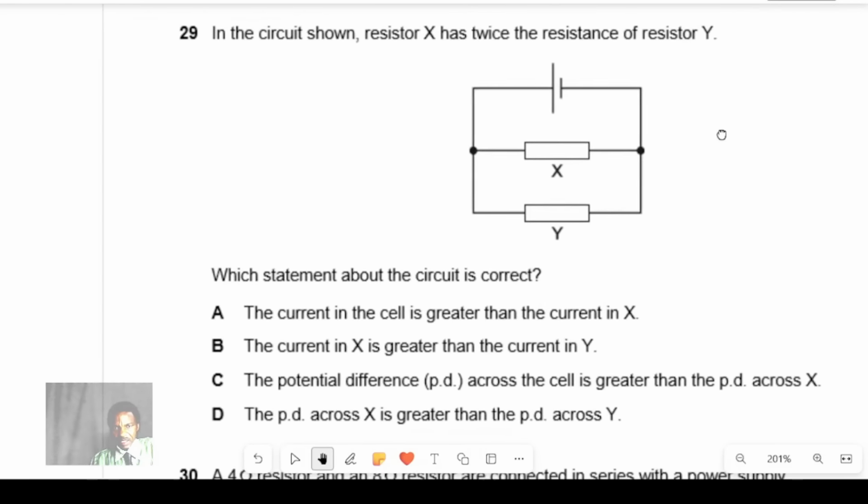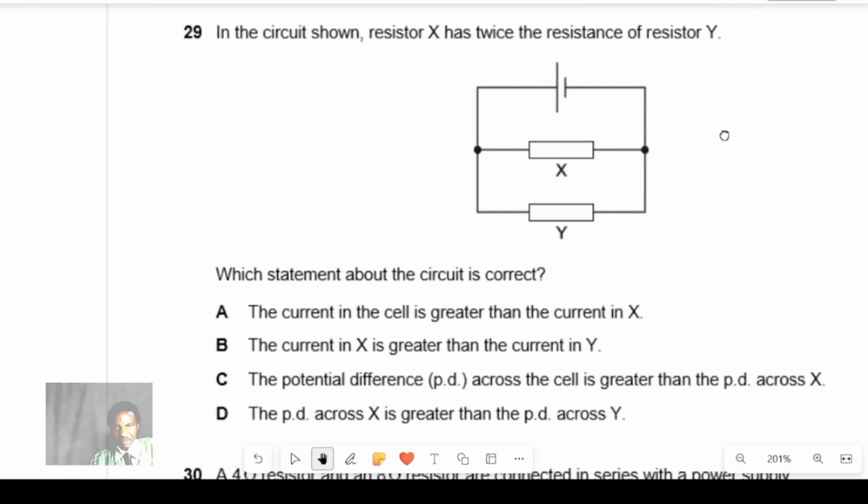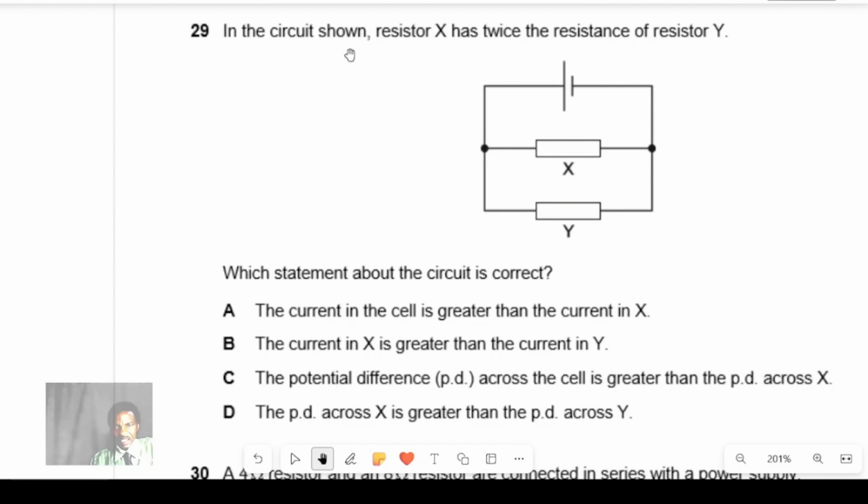Question 29. In the circuit shown, X has twice the resistance of Y. So if here is 2 ohm, here is going to be 1 ohm.